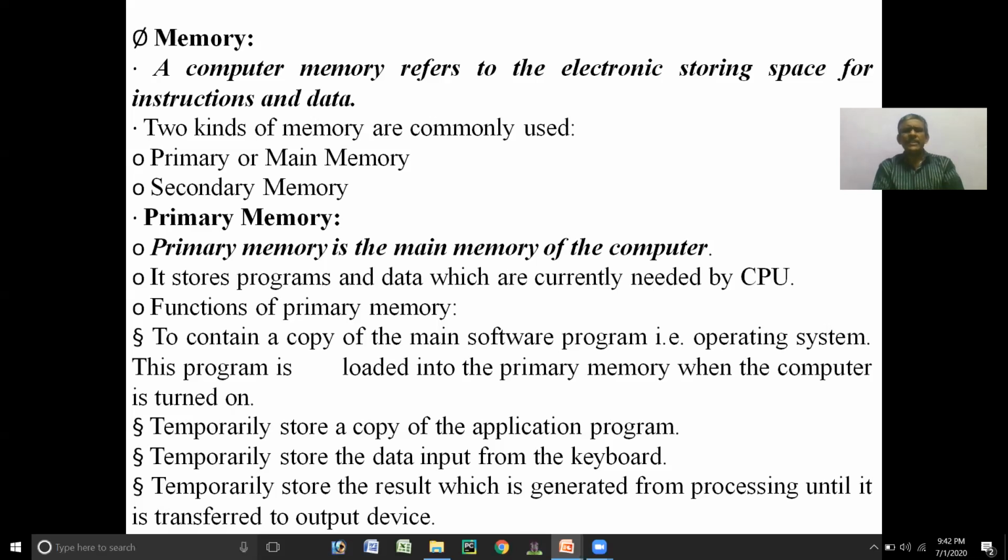Then the next function is that primary memory stores temporarily. Whatever data or instructions or software is present in the primary memory is temporary.